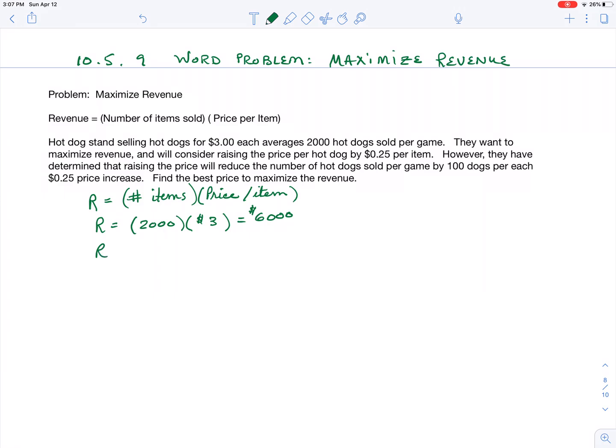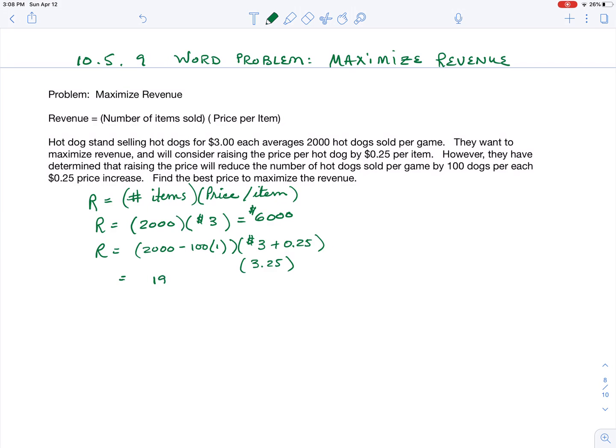So let's see. What if they increase this $3 by one increase of 25 cents? So that'll bring the price to $3.25 per hot dog. But then the number of items sold will be reduced by 100, and I'm going to do times 1 because we just did one 25-cent increase.